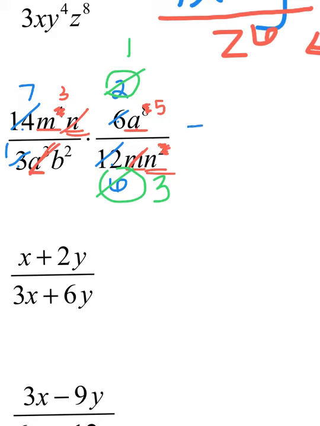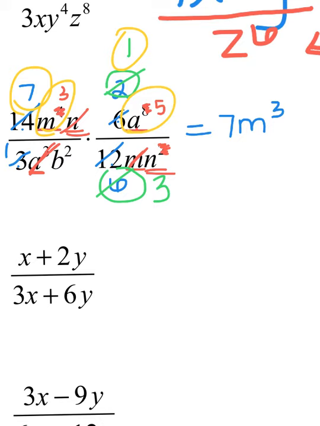And that means that if I were to put this all back together, I have, let's see, I have 7, m to the 3rd, let's see, I don't have my n there. This just became a 1, and I don't really care about a 1, right? I can multiply by 1.